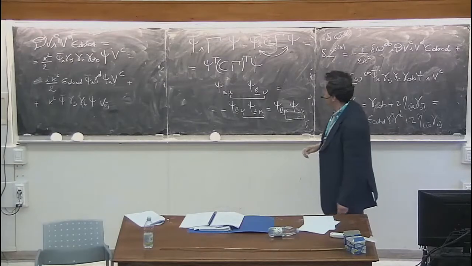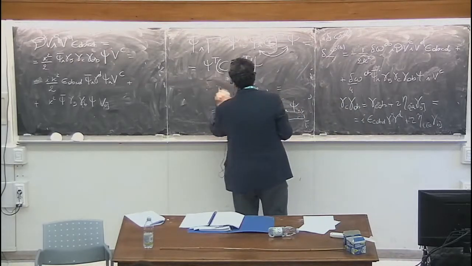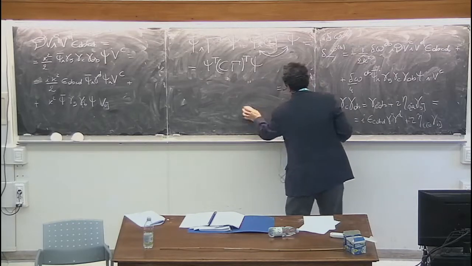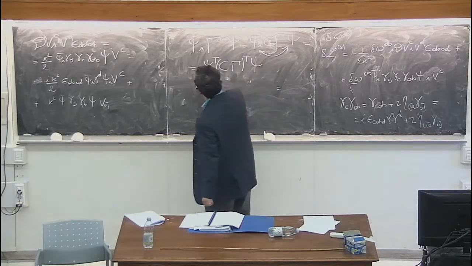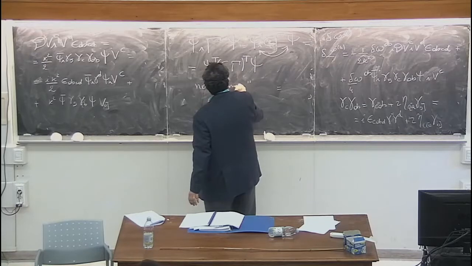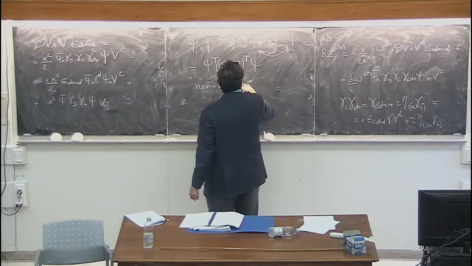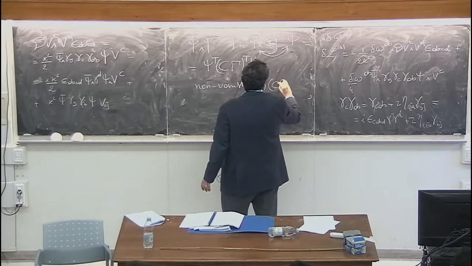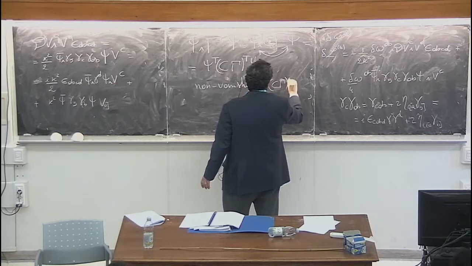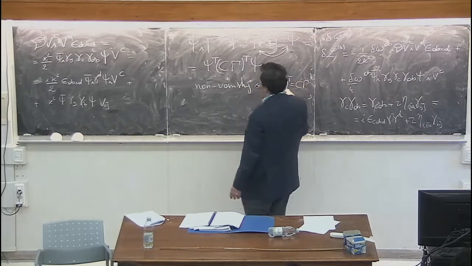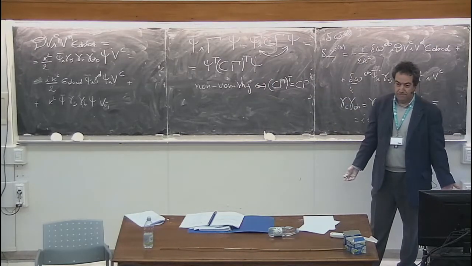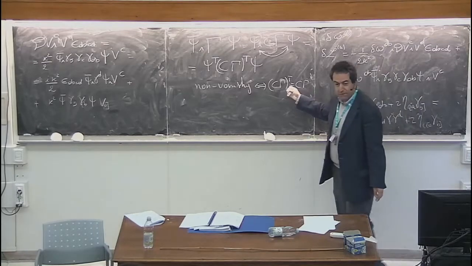This means that this quantity is non-vanishing only if C gamma transpose is equal to C gamma. Namely, C times gamma is a symmetric matrix.